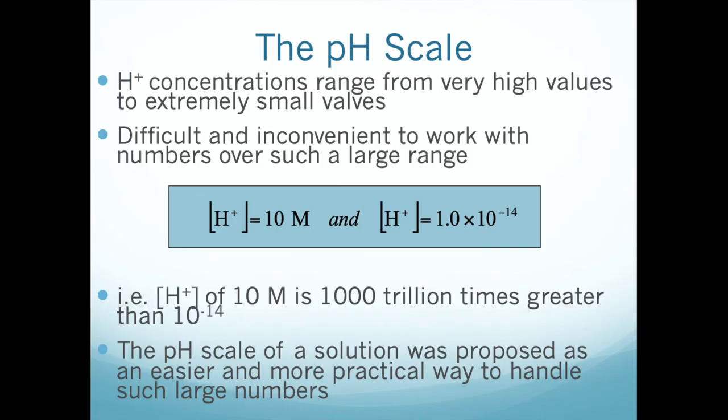Now, you've seen in that last example, when it comes to dealing with these numbers, we're dealing with really small numbers. We're dealing with things that we have to write out in scientific notation, and as you probably remember, that's kind of a pain sometimes, especially when you're trying to do calculations with it and you're punching these numbers into your calculator.